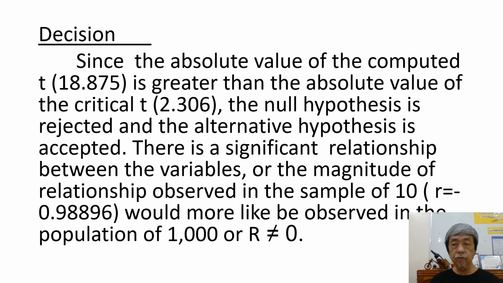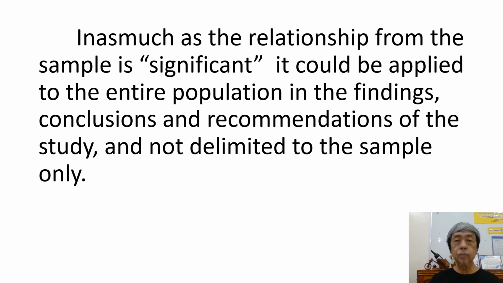There is a significant relationship between the variables, or the magnitude of relationship observed in the sample would more likely be observed in the population. Inasmuch as the relationship from the sample is significant, it could be applied to the entire population in the findings, conclusions, and recommendations of the study, and not delimited to the sample only.